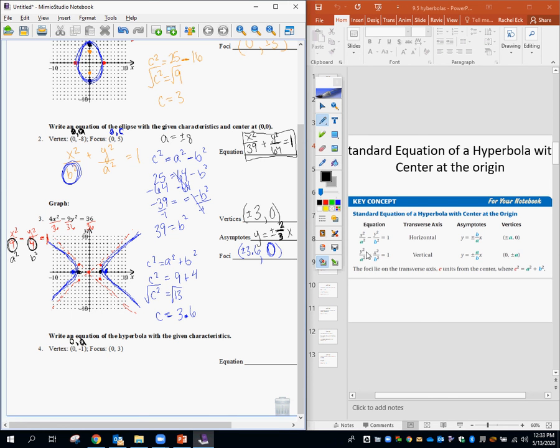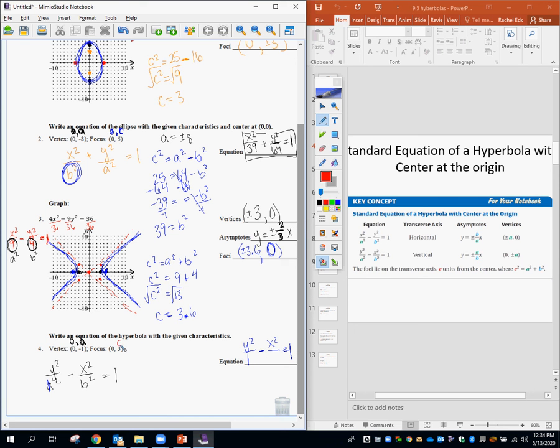So again, we're in a vertical equation, so we want y squared over a squared minus x squared over b squared equals 1. Well, we know what's going to go underneath the y squared. If we square the a, which is 1, that would give us y squared over 1, because 1 squared is 1. And what's going to help us find our b squared is the focus.